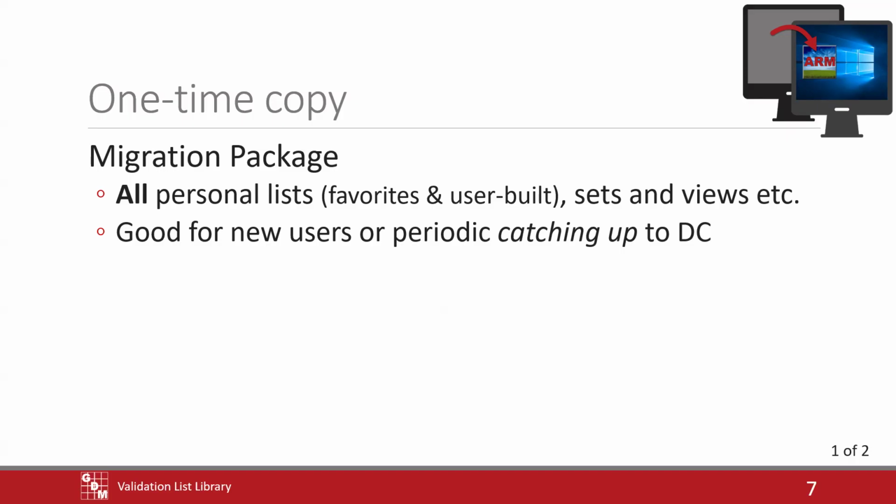And if they load that migration package that I've saved to a thumb drive or to a network location, then it will replace everything. So you have to be a little careful, but as long as they're happy just syncing up with you in a manual way, all of their lists will be replaced with the ones from your computer.